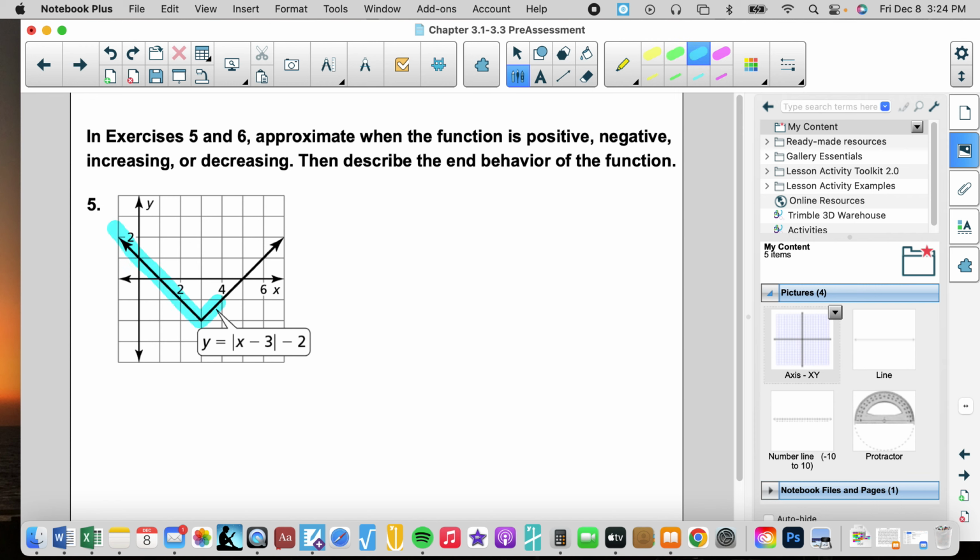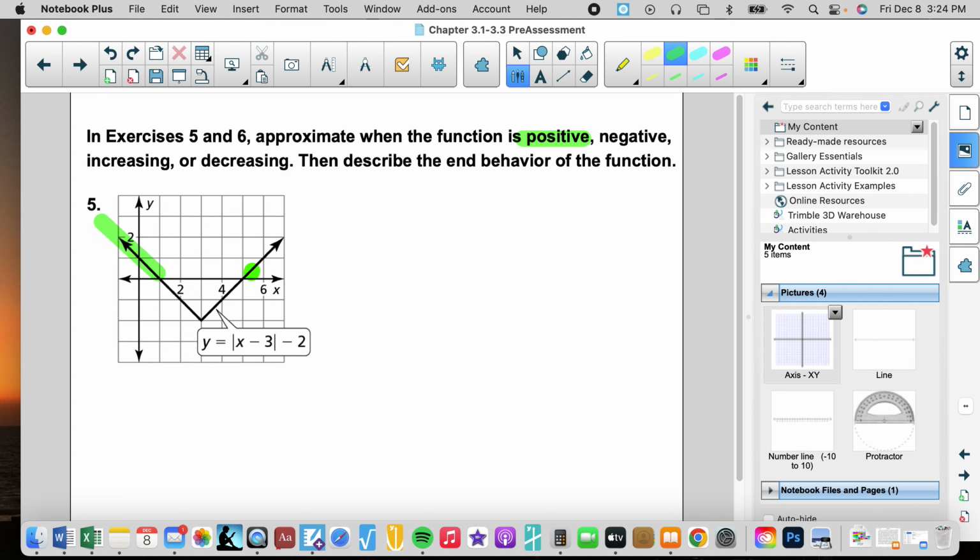We're talking about this graph, and these points consist of solutions to this equation. So when are those points positive, meaning when you input, when is the output positive? When are the y values positive?